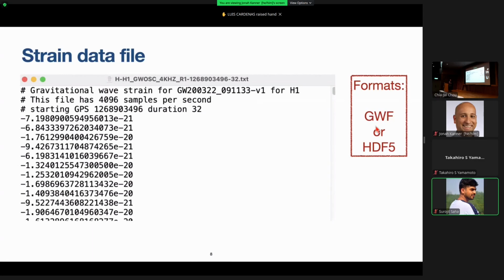This is more or less the standard that's been used by the gravitational wave community for a long time now, so many of the analysis pipelines expect this file format. On the other hand, we also make available an HDF5 format, which is somewhat more popular outside of the gravitational wave field, and so in many cases that's convenient.